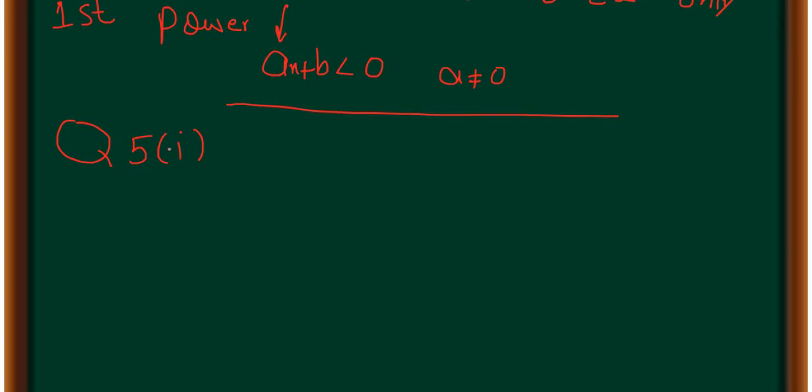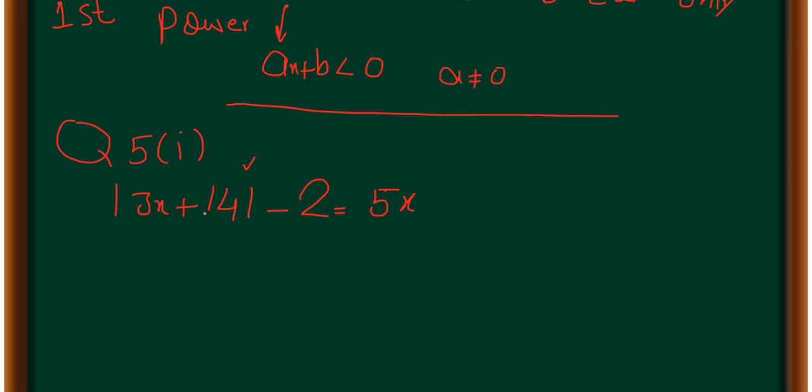Question number 5, part number 1 is: mod 3x plus 14 mod minus 2 is equal to 5x. If we want to remove the mod, it should be alone on the left side of the equal sign, and all other terms on the right side. Then we can open it.